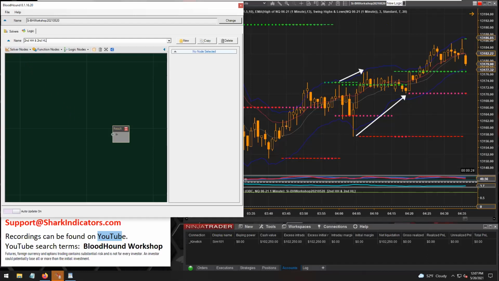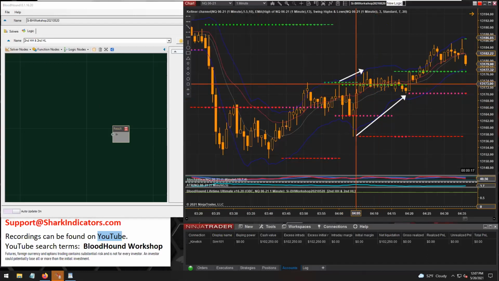To find a second higher high, if we look at the plots, remember the hash line is the higher high and the dot is the lower high. If you notice, this high is slightly higher than this high.